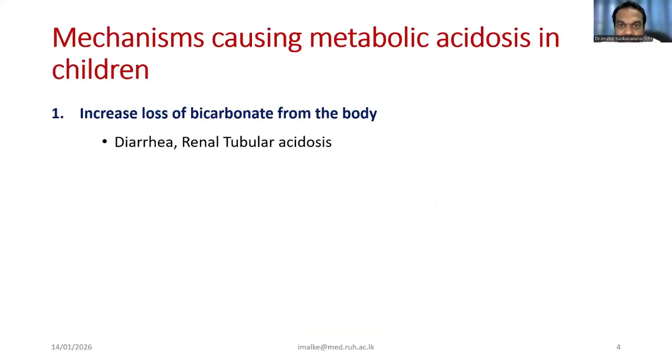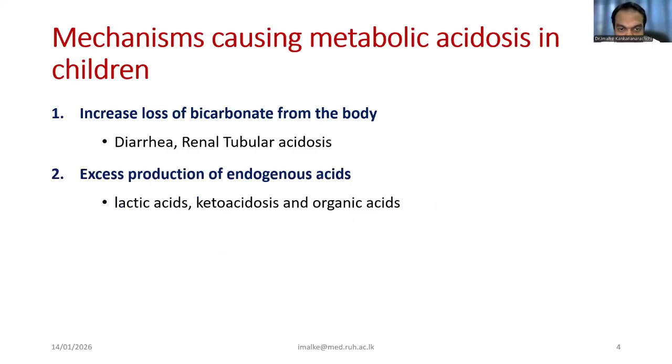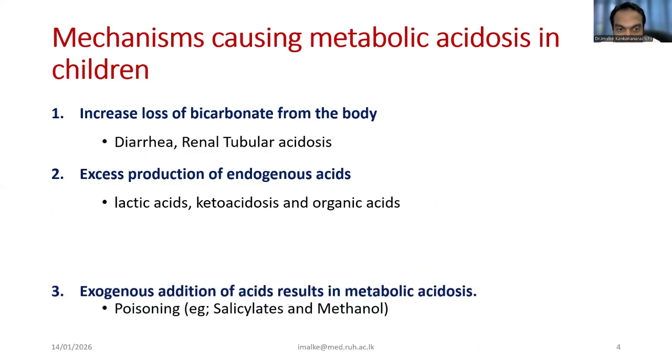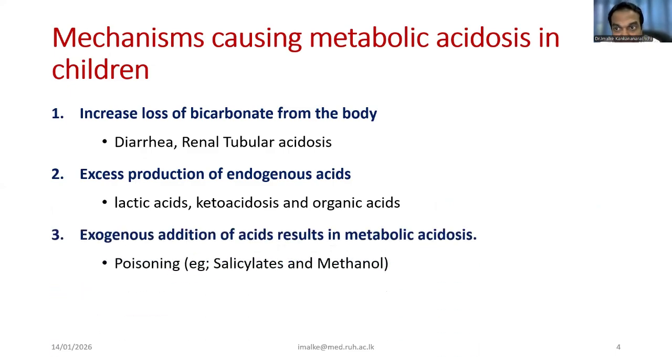There are 4 mechanisms by which you get metabolic acidosis in children. One of the commonest is loss of bicarbonate from the body, like diarrhea and renal tubular acidosis. Or else the body can produce 3 types of endogenous acids: lactic acids, keto acids, and organic acids. Or else the body might not produce anything, but you can add some acids from external sources.